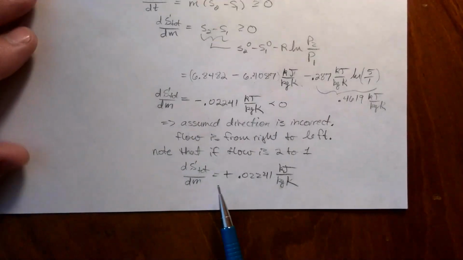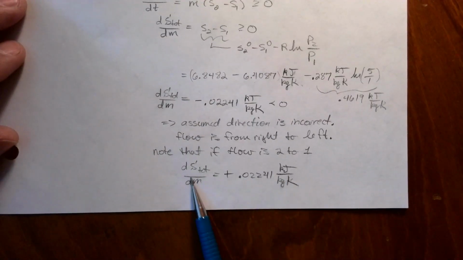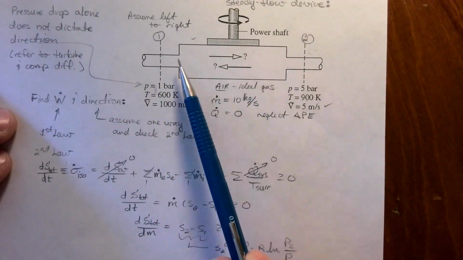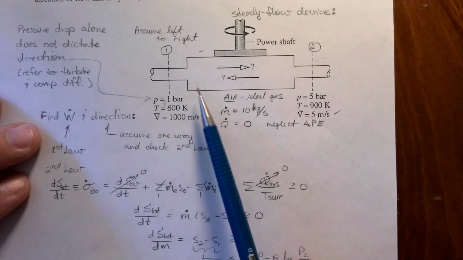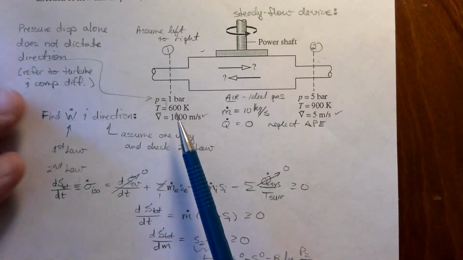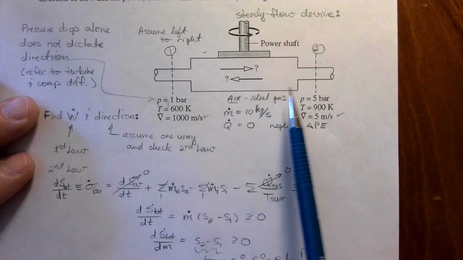If you assume the flow goes the other way, we'll end up with that positive number, and then we can assume that our direction was chosen correctly. So the flow goes from right to left. It is correct that it goes from a high pressure to a low pressure in this case, but we have verified it with the second law.